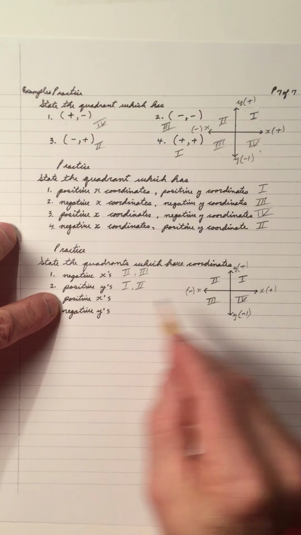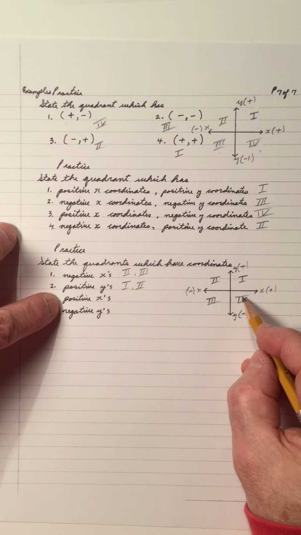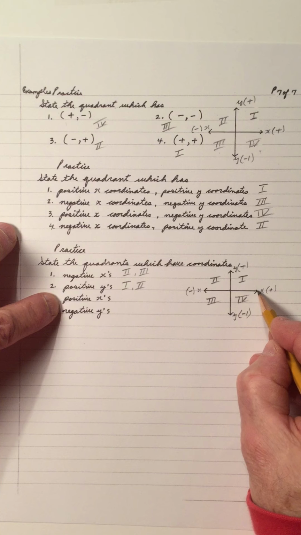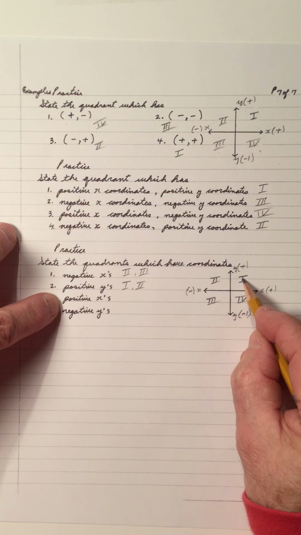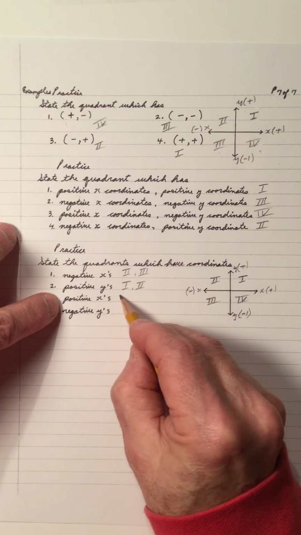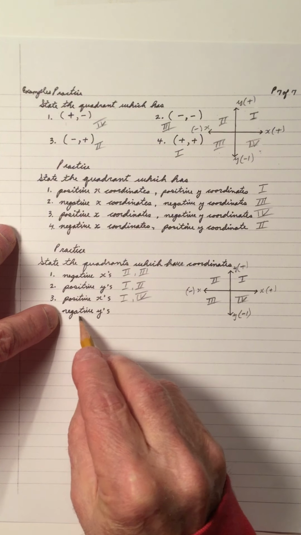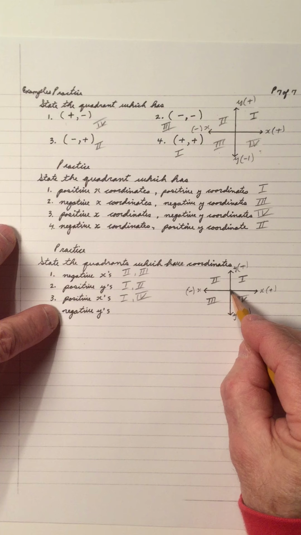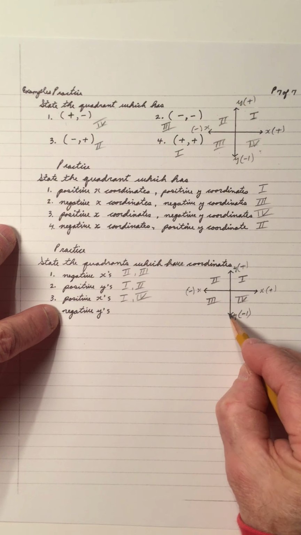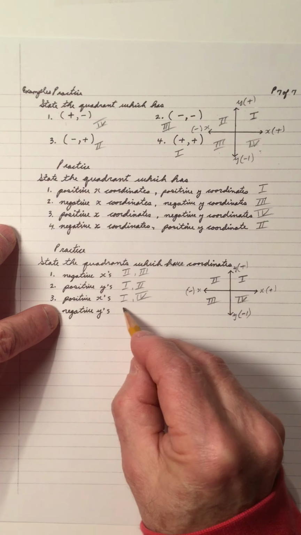And X is positive on the right side, positive X, so it's 1 and 4. And Y is negative, so Y is negative down here, so that's quadrants 3 and 4.